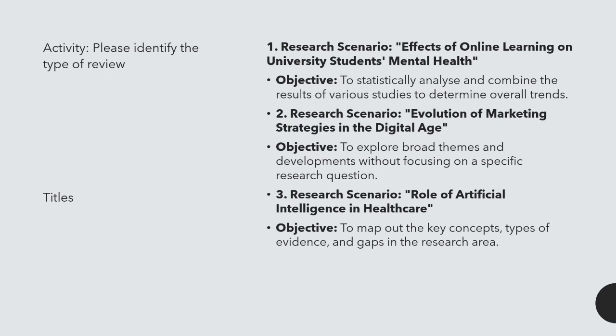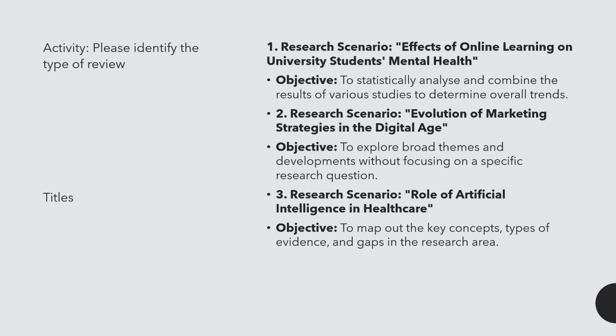So you will see in the bold, there is the title of the study, and the objective should give you a hint to identify which type of review might be most suitable.